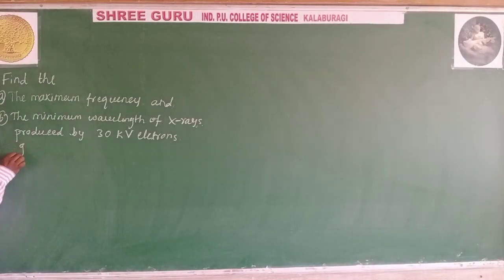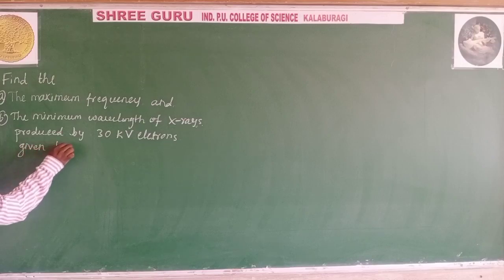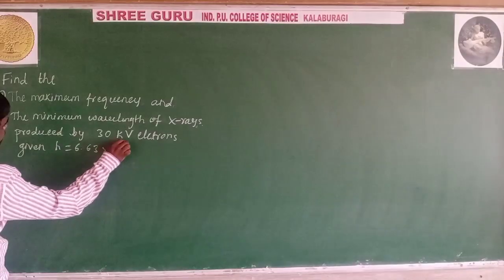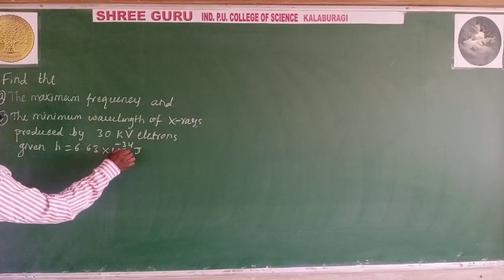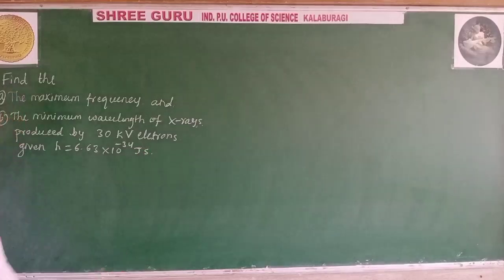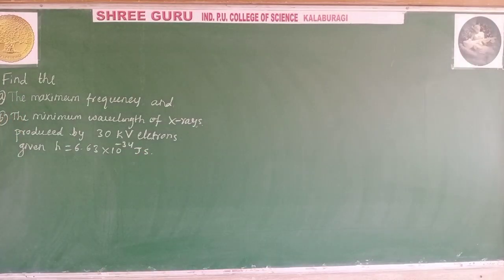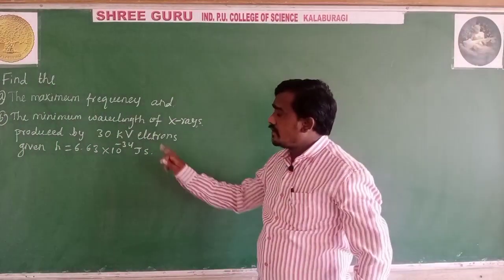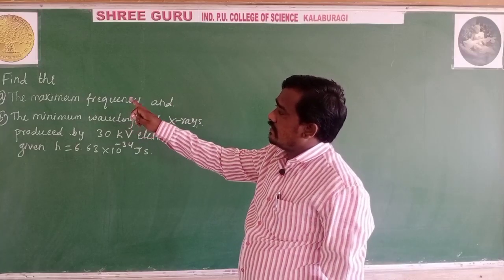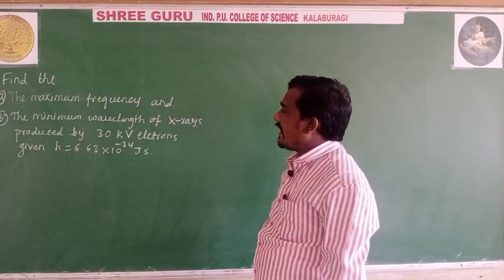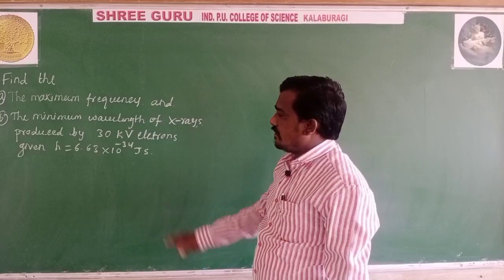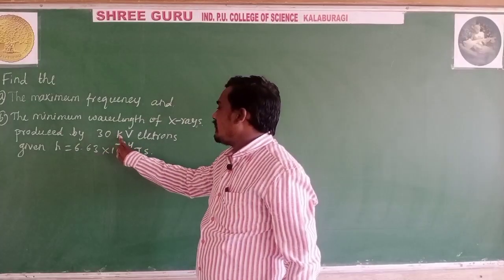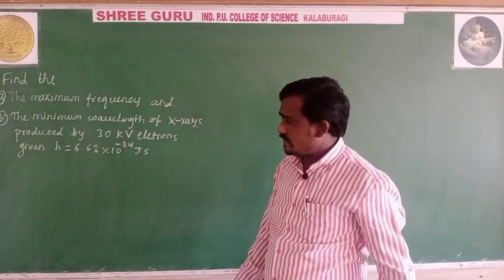Given h is equal to 6.63 into 10 raised to minus 34 joule second. This is the first NCERT question. Keep in your mind, they are going to ask: find the maximum frequency and the minimum wavelength of X-rays produced by 30 kilovolt electrons.